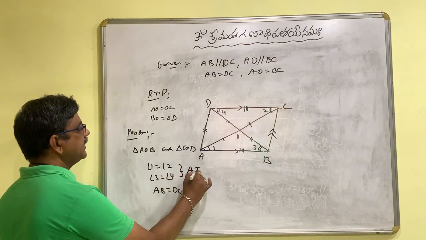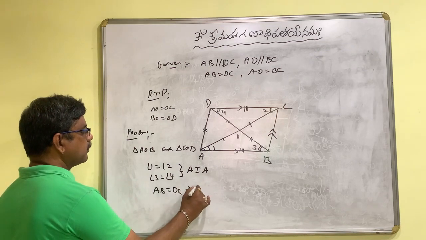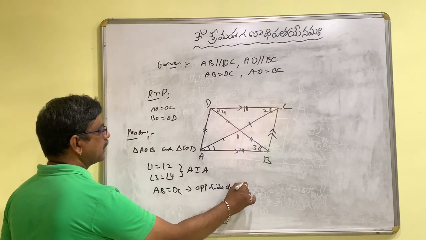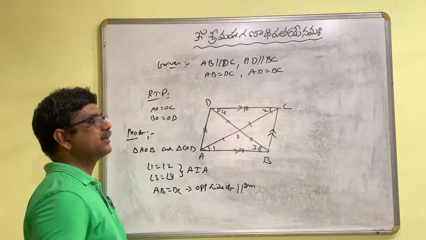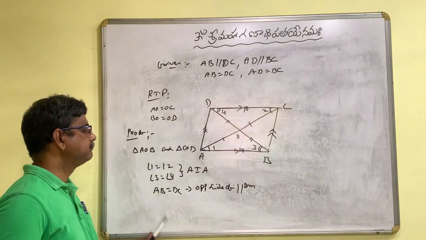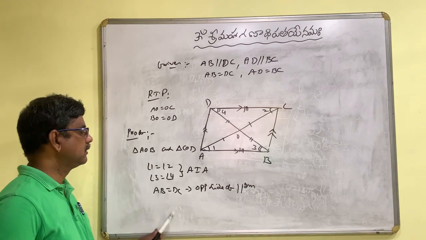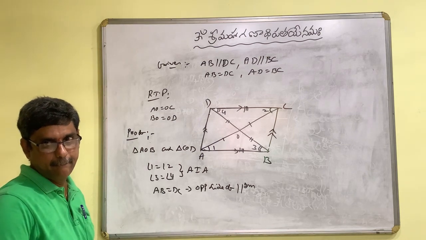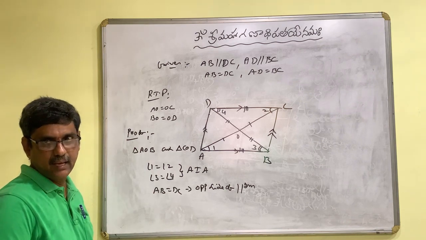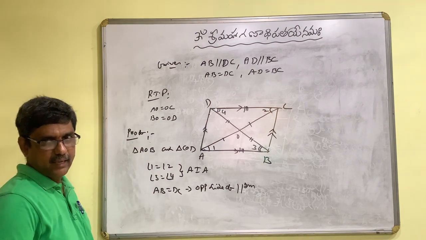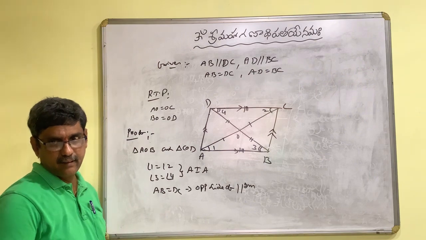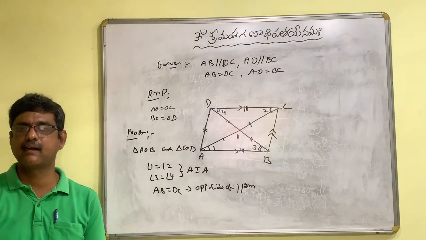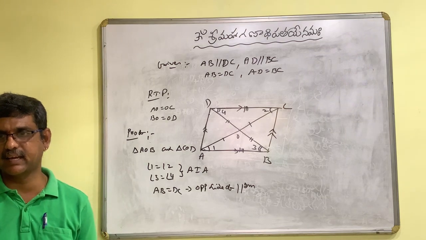ఇవి alternate interior angles, ఇవి opposite sides of parallelogram. Okay na? Now what criteria? Congruency criteria. ASA, correct.